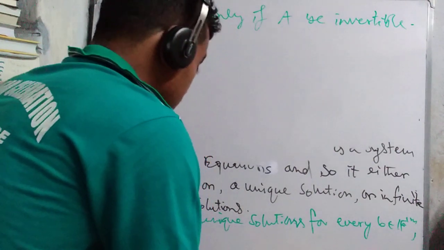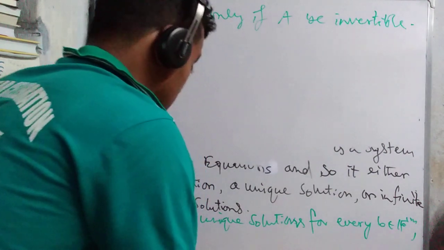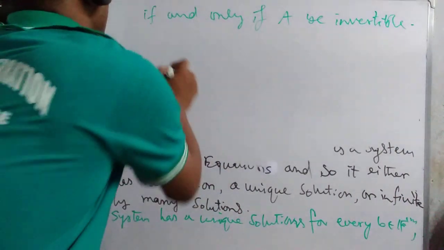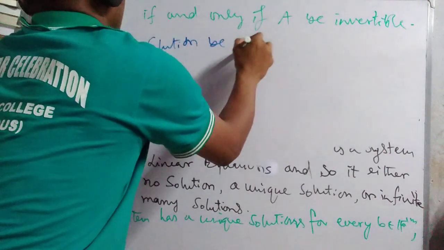If A is invertible, with A inverse, the solution is given by A inverse B.